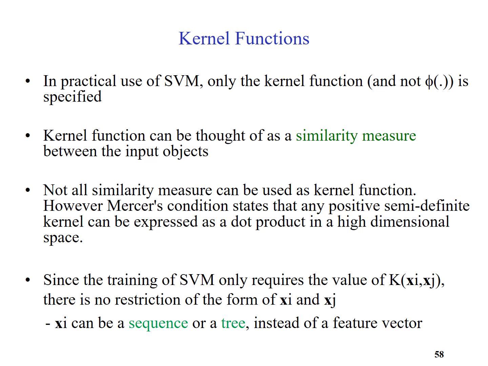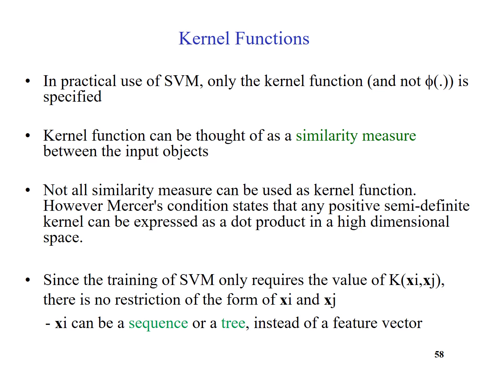The first one is that the kernel function has the characteristic of a similarity measure. So a kernel function is a kind of similarity measure between two data points. And the second thing you have to consider is that not every random function can be a kernel function.